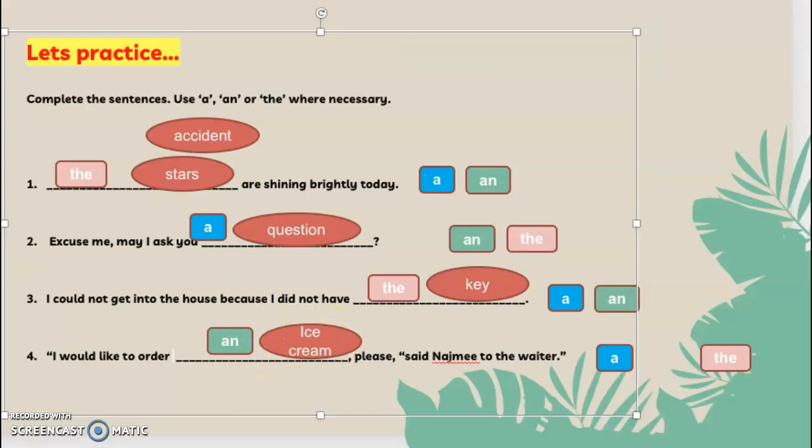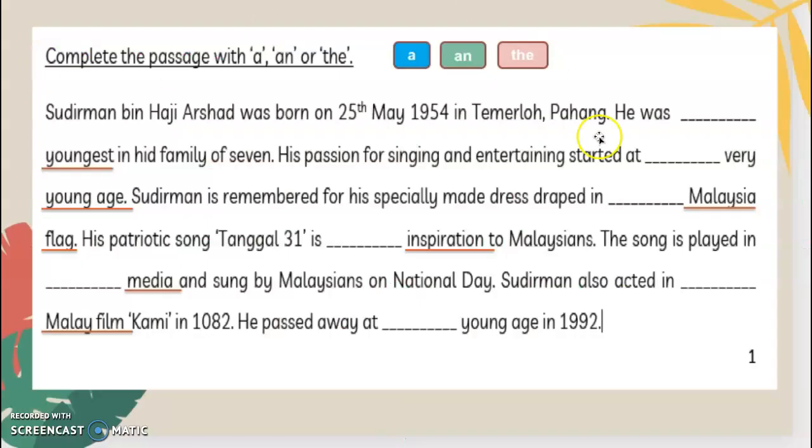Now let's move on to the next one, the passage. Complete the passage with a, an and the. This one I'll just help you with a few blanks, and the rest I want you to try on your own. Sudirman bin Haji Arshad was born on 25th May 1954 in Temerloh, Pahang.